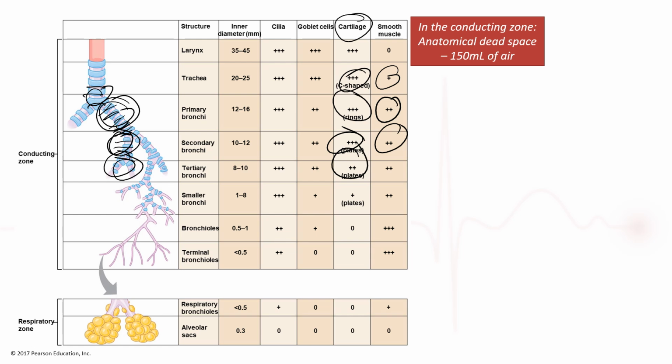The point I'm trying to make is that these upper passageways within the conducting zone, meaning the trachea, primary, secondary, and tertiary bronchi, have lots of cartilage and don't have that much smooth muscle. What that tells you is that these tubes don't change the size of their lumen very much.